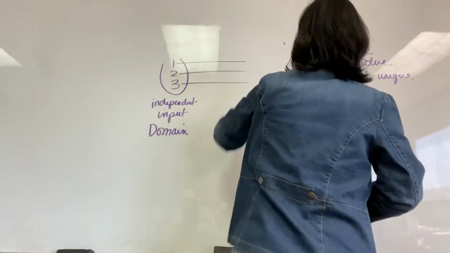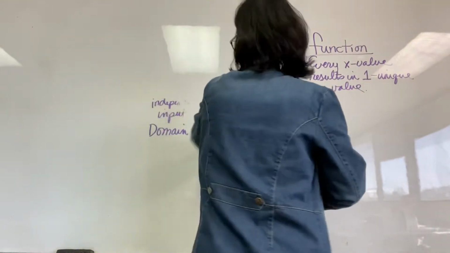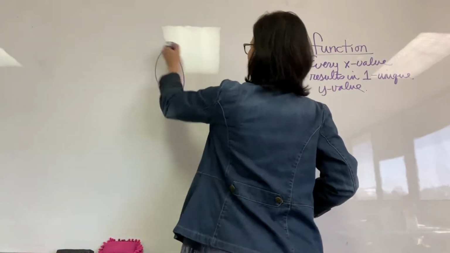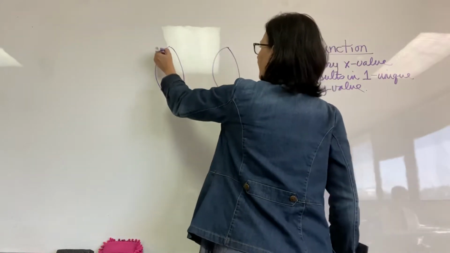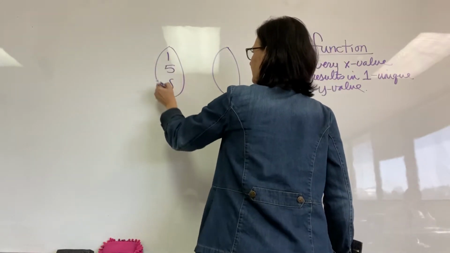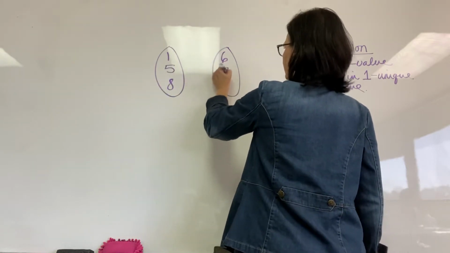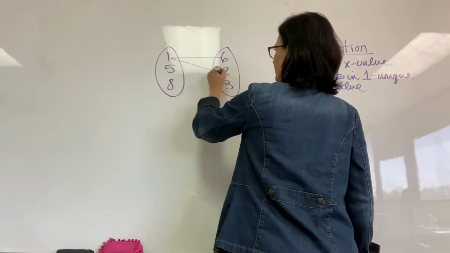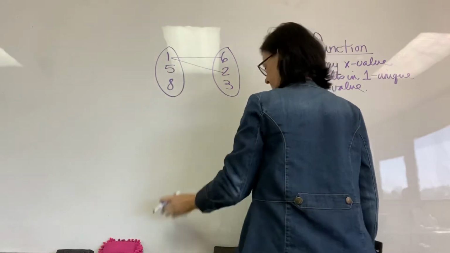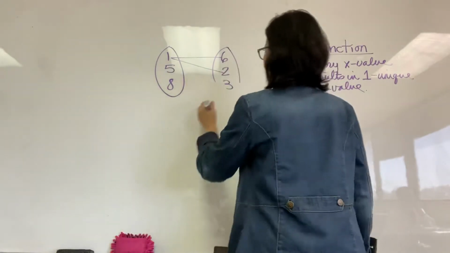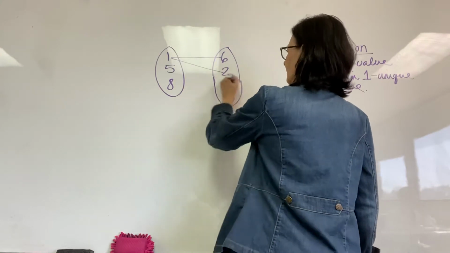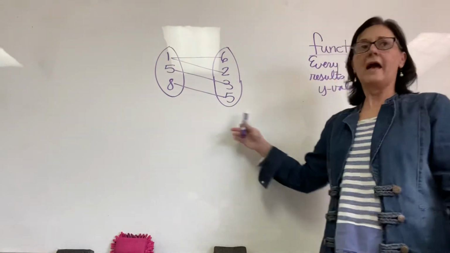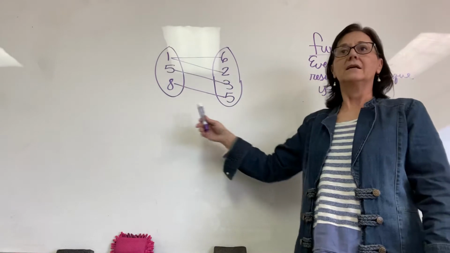All right, so if I then drew this diagram, here are my inputs, here are my outputs, my x's, my y's, domain, range.